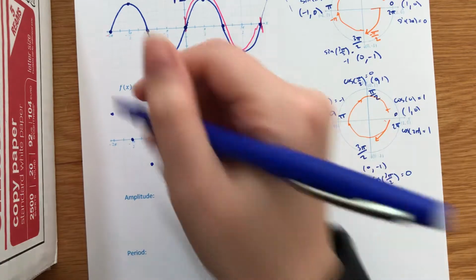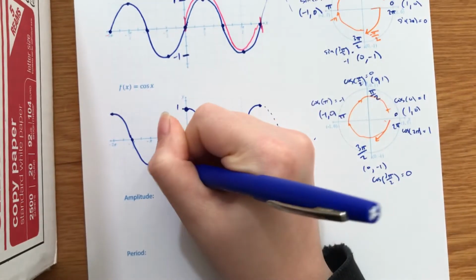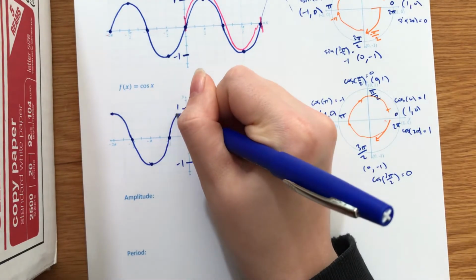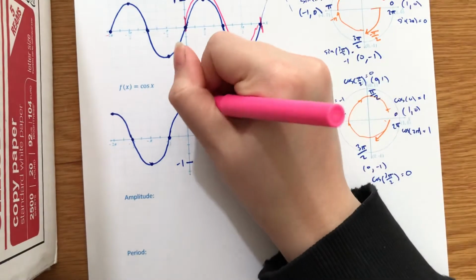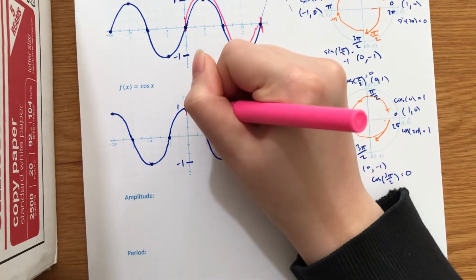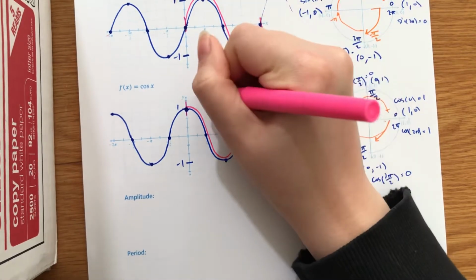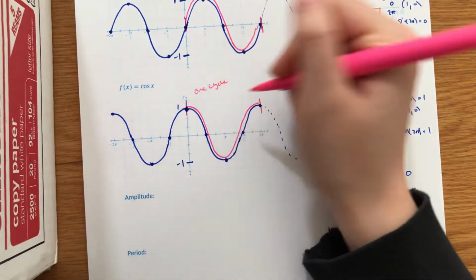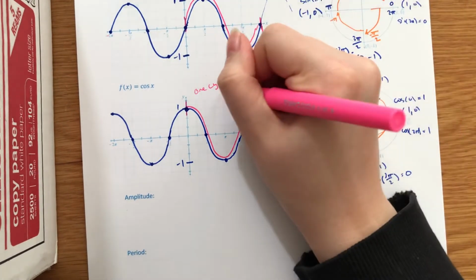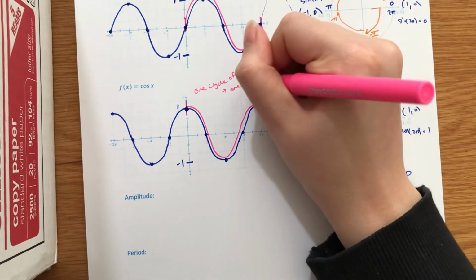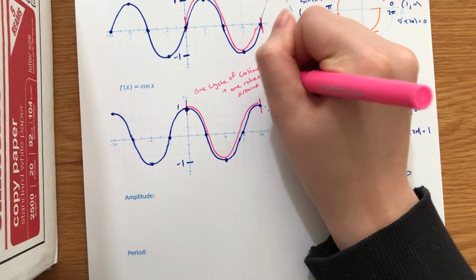So then you get that same looking shape. It's supposed to be a nice curvy wave. All right, so it's a little bit different. One cycle of cosine looks like this. So this is one cycle of cosine. So again, that's one rotation around the unit circle.